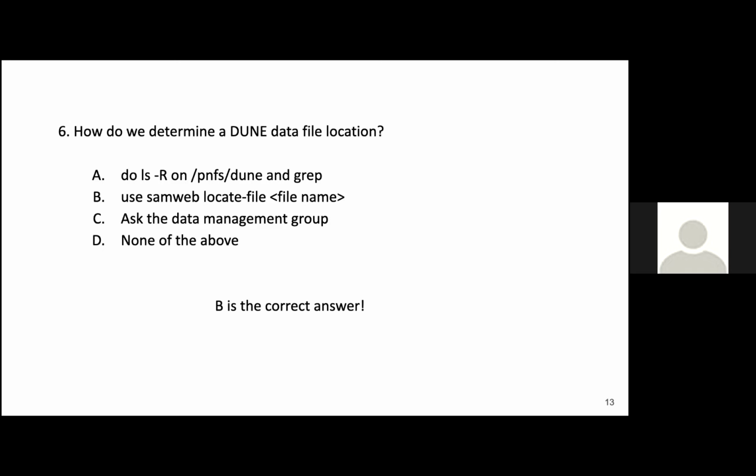That's the killer. ls is very expensive on PNFS space because it has to do a database lookup to get every file's information. So don't do ls -R for any reason. Just don't do that. The SAMWeb locate file is the right way to go. Thank you.